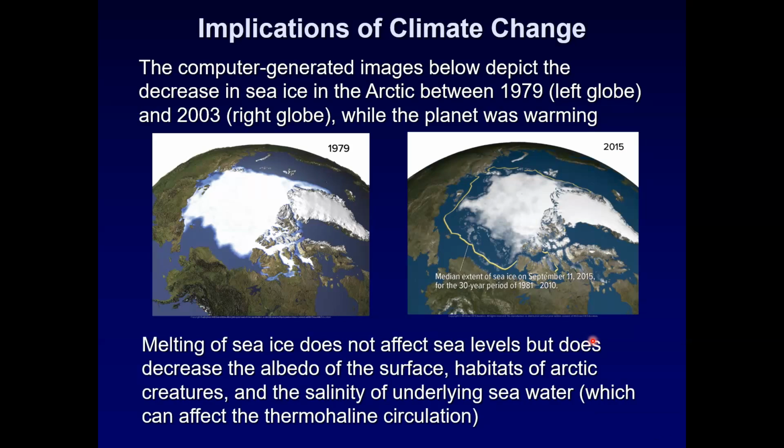So melting of sea ice does not affect sea levels, but it does decrease the albedo of the surface, the habitats of Arctic creatures, and the salinity of the underlying seawater, which can affect the thermohaline circulation pathways.